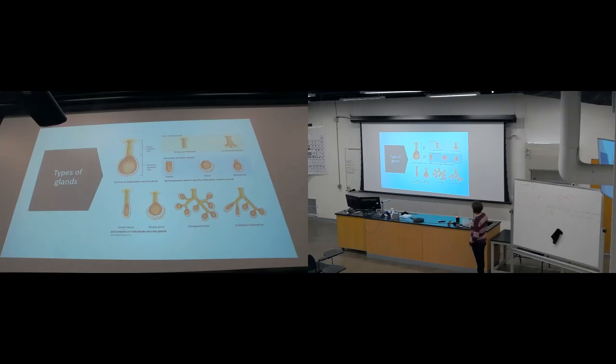And then you can have compound tubuloacinar, in which you have multiple ducts with some endings, or secretory portions, that look like tubules, and some that look like a round part, like an acinar. So you can mix and match the names.